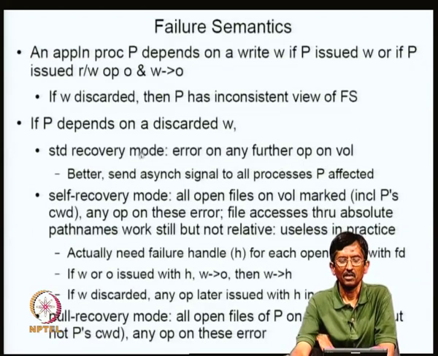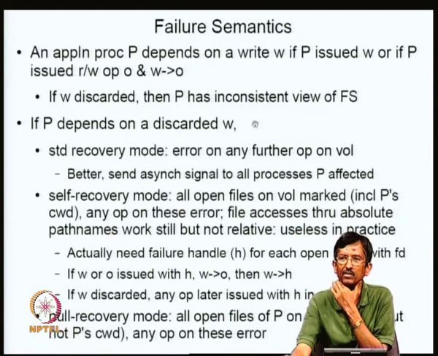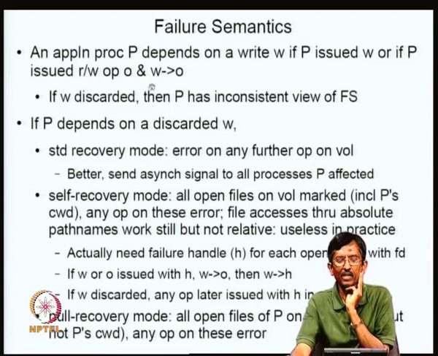Okay. So basically what is happening is that the process issued a write, or it depended on the write somehow. So, P depended on a write, and because of a crash or whatever, it could not be guaranteed. Okay.